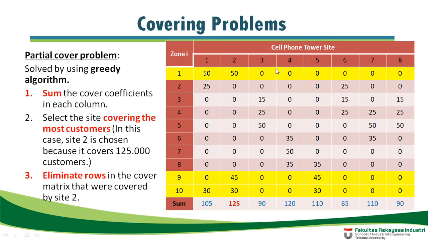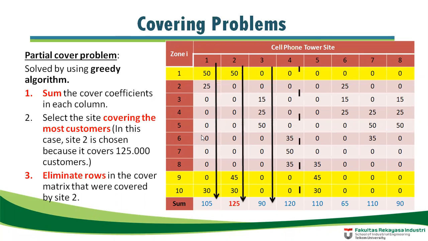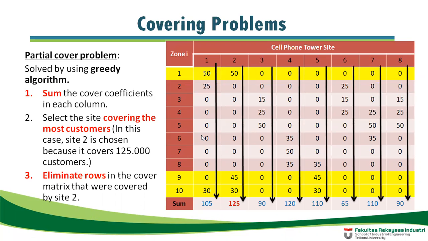All the tower sites have a limitation in serving customer numbers. So just sum all the cover coefficients, all the customer numbers in each column, and repeat until all the towers are calculated.